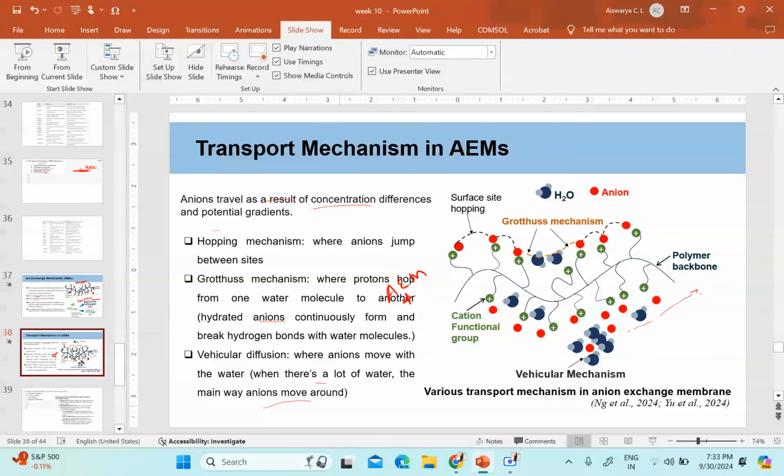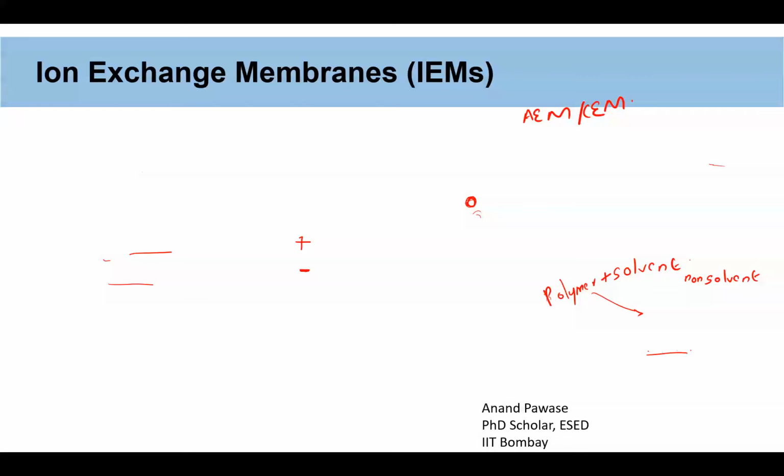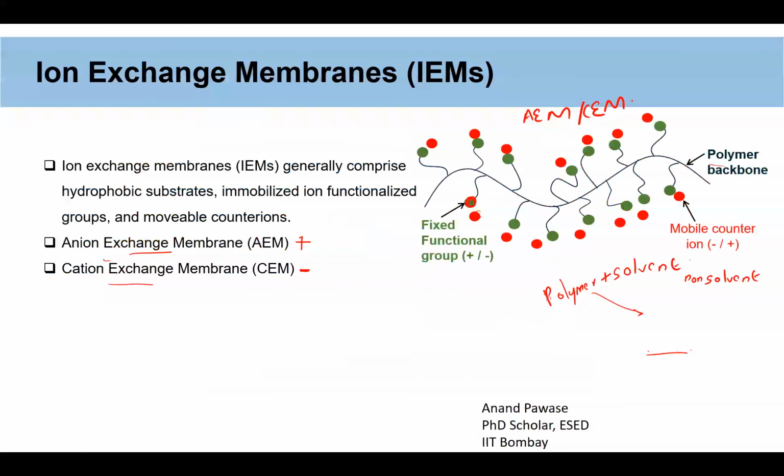See here, what you have to understand is that this is the polymer backbone. Okay, so as I told here, see, this particular graph, we have to understand what is anion exchange membrane and what is cation exchange membrane.